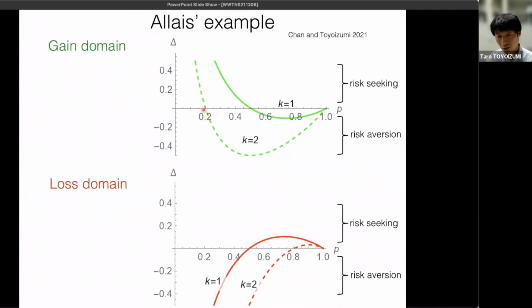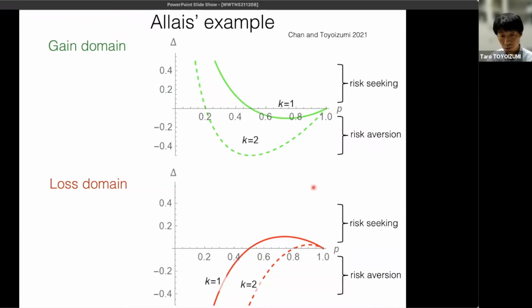Around here, with a much lower reward probability, the curve starts to increase and the value is high. This means that the model predicts risk-seeking behavior because the value up here is better than a certain reward.